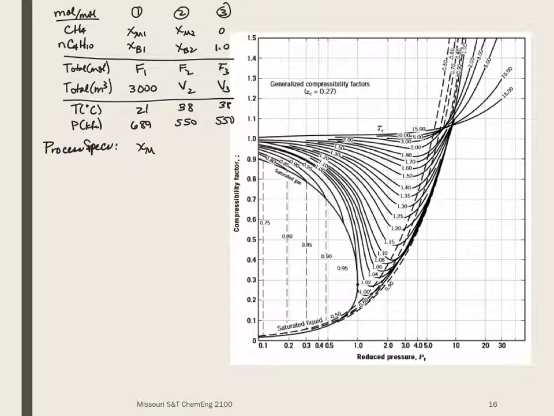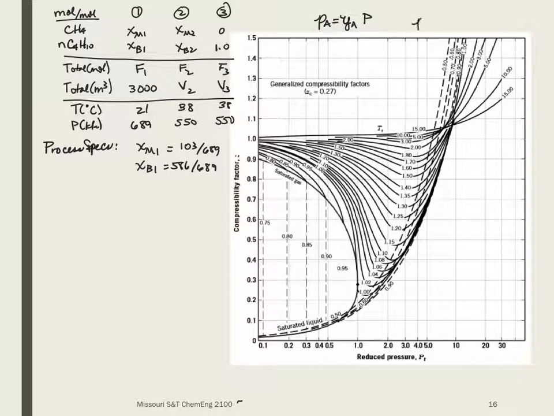I know that PA is YA times total pressure. So XM1 is going to be 103 out of 689, and XB1 is going to be 586 out of 689, right?